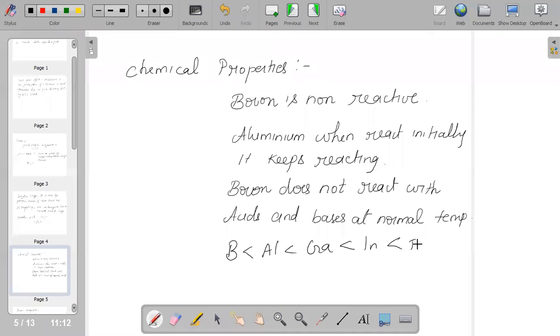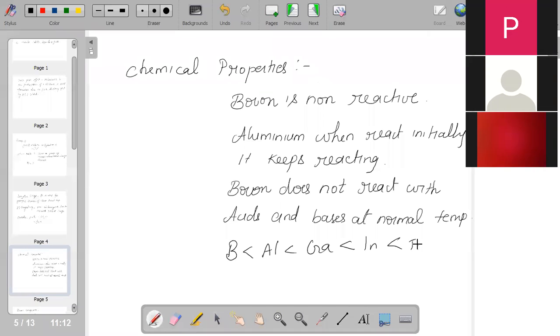So when we talk about reactivity, it increases down the group. If you conclude from this, the questions they may ask are which is least reactive or which is most reactive.